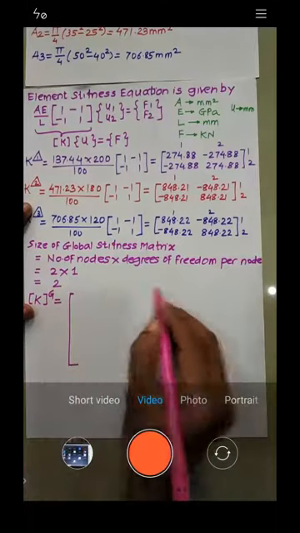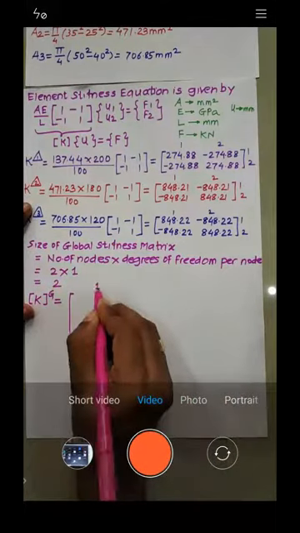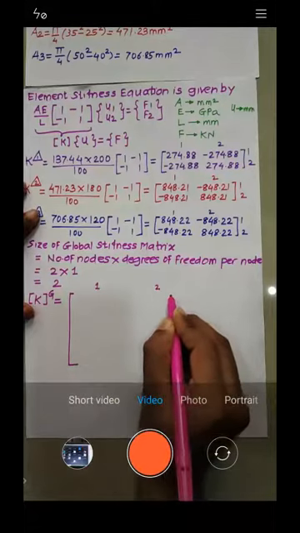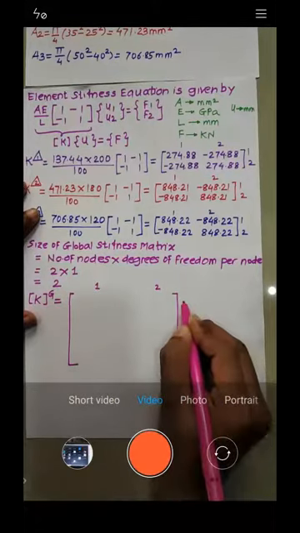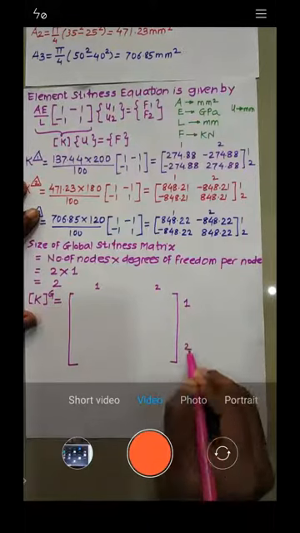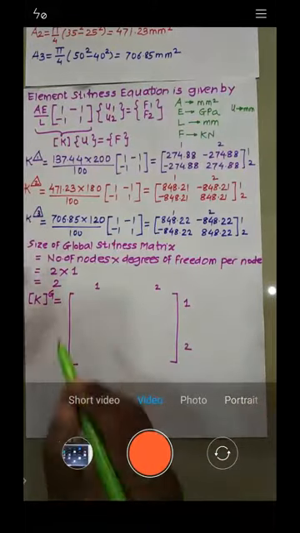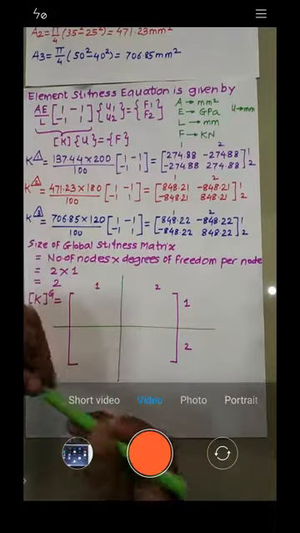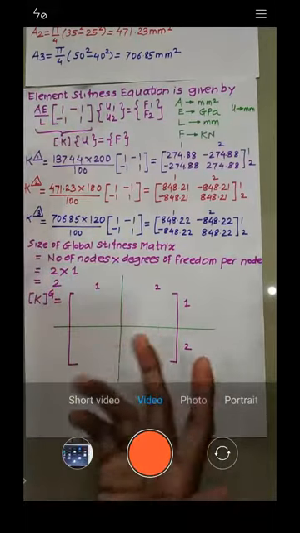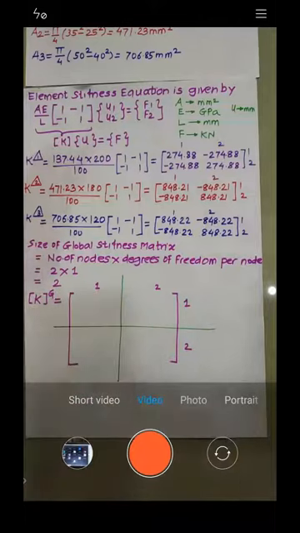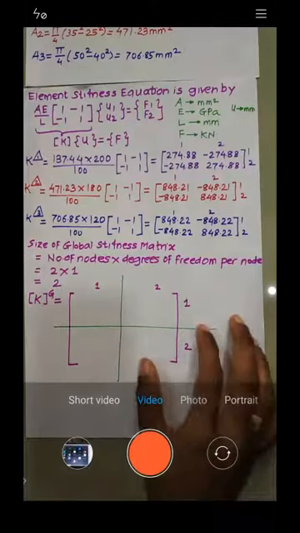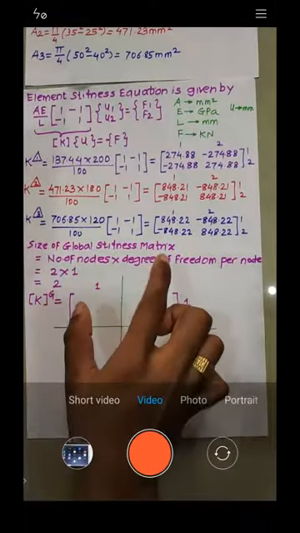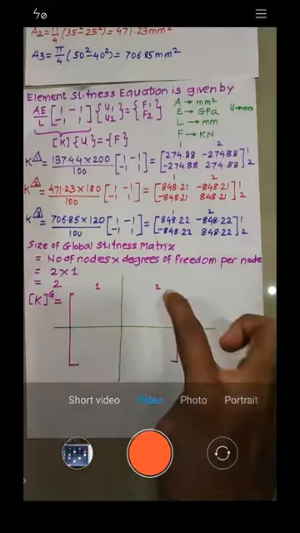I will write this as 1, 2, and this again as 1, 2. We should have 2 rows and 2 columns because the size is 2. The size of the global stiffness matrix is 2 by 2, so that matrix I have written.